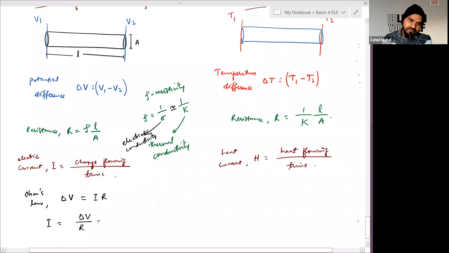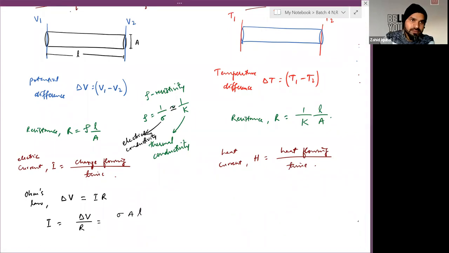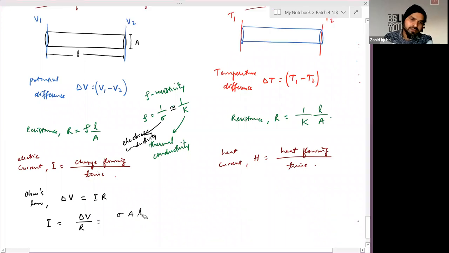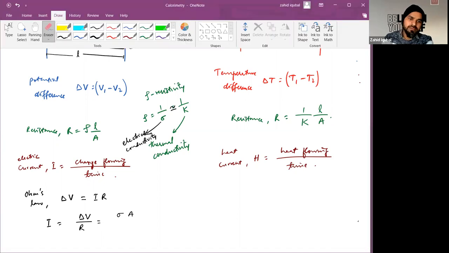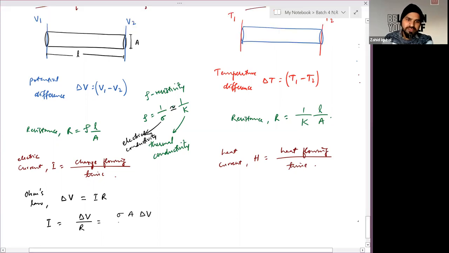If you put the value of R in this part, you will get sigma into A times voltage difference divided by length, which is called electric current, nothing but flow of electric charge per unit time.